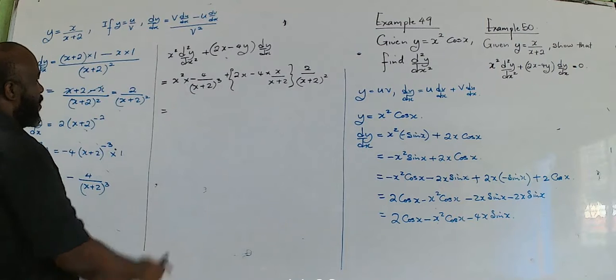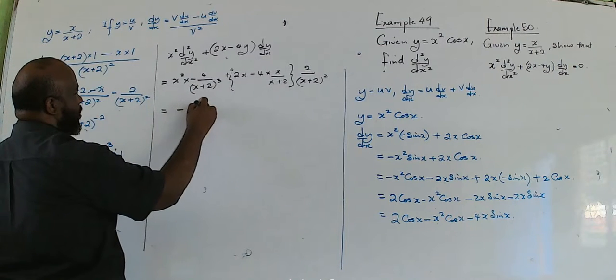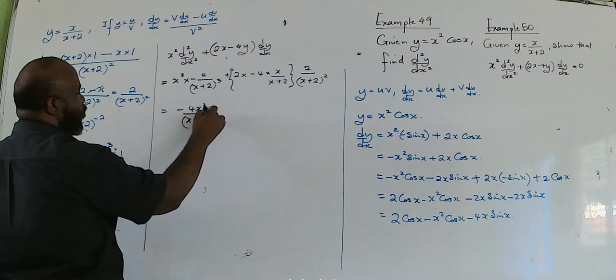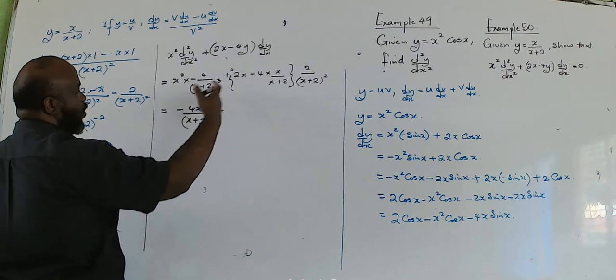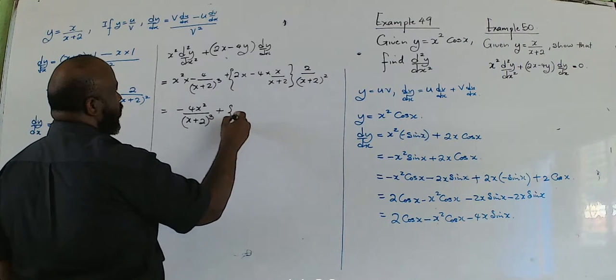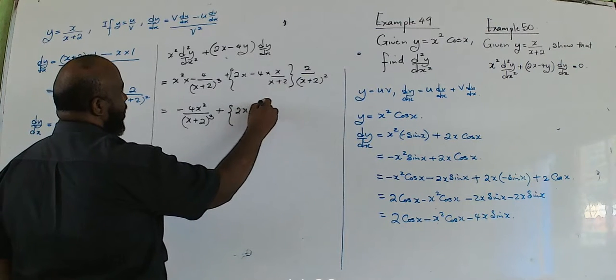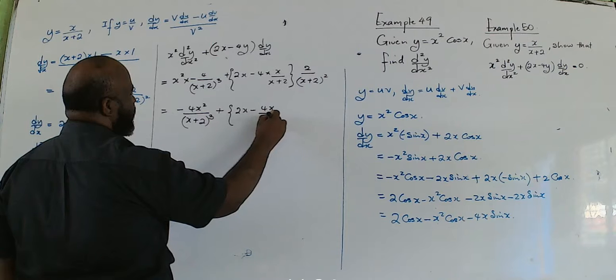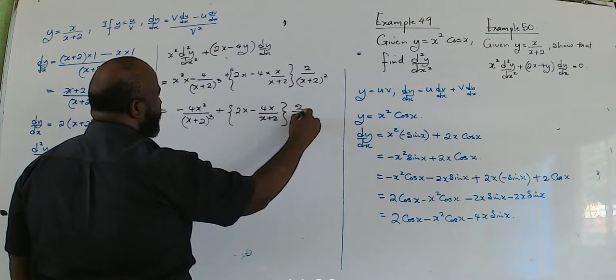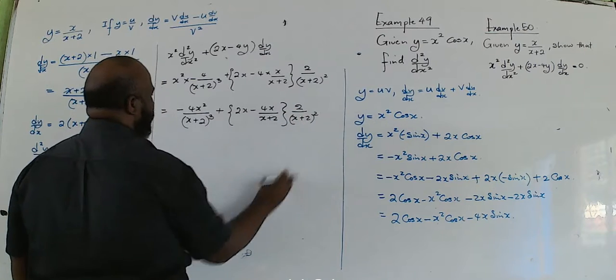Alright, so at the top, this is minus 4x squared over x plus 2 cube, plus over here, let's take it slow. We have 2x minus 4x over x plus 2 times 2 over x plus 2 squared.